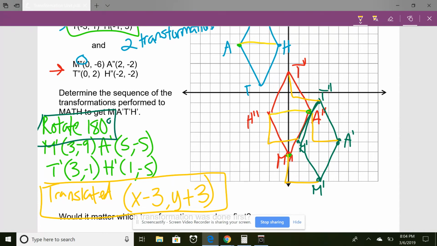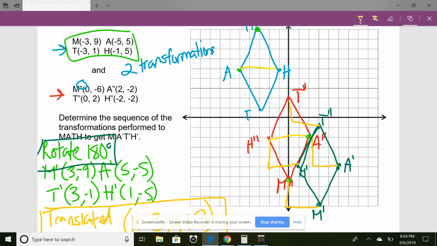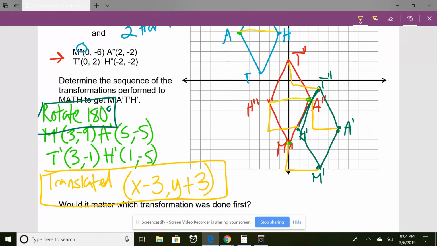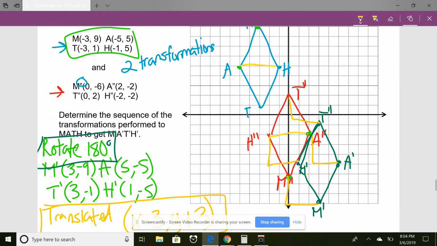Okay, with these, the next one asks which one was done first. I would just take 1 point and try to go left 3, up 3, left 3, up 3. So which is negative 1, 2, 3, 4, 5, 6, 7, 8. 1, 2, 3, 4, 5, 6, 7, 8. And then flipped to 8, negative 8.